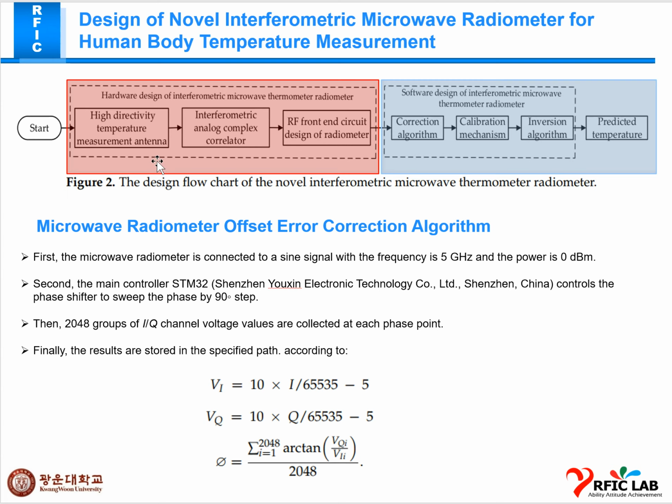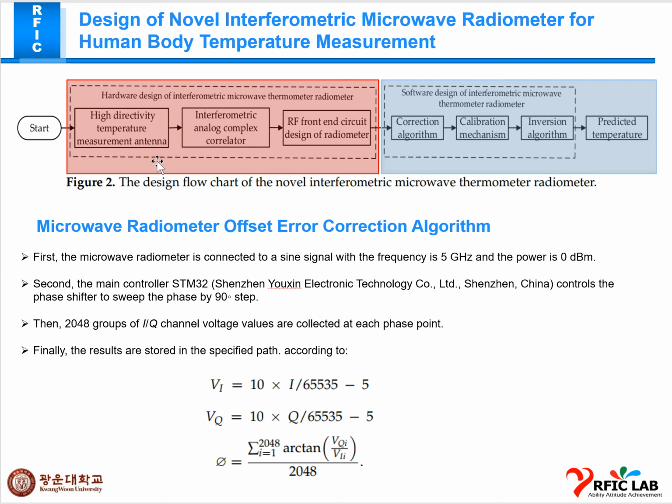It has a certain equation: VI is 10 times I over 65535 minus 5, and for VQ it's 10 times Q over 65535 minus 5.